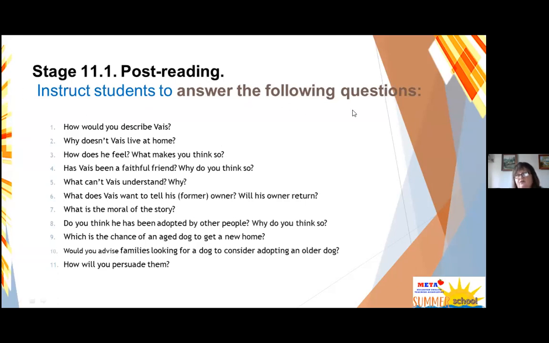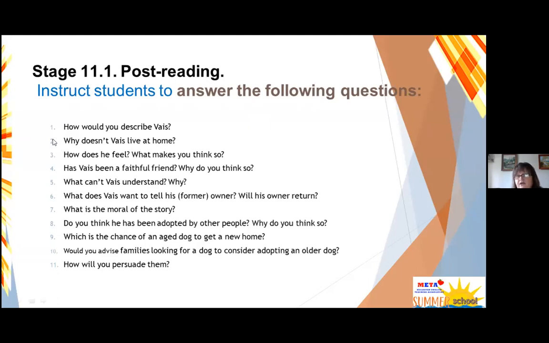And I would ask my students to answer the questions. Again, it's up to you. Either they work in pairs or they work in groups. It depends how much time you have left and how much time you want to spare for this activity.